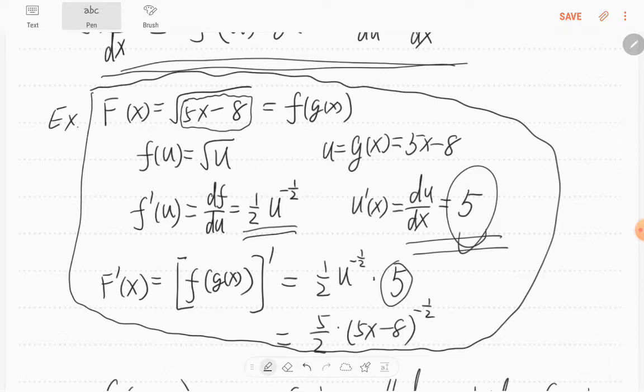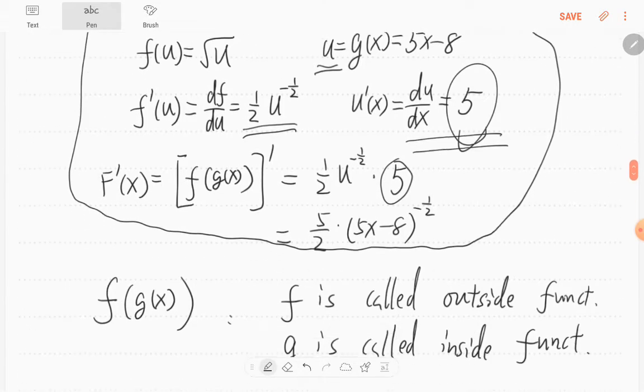Let us introduce some variable u, right? But as we know, the chain rule is just one step of the calculation to calculate the derivative of a composite function. So we should not make it so complicated, right?